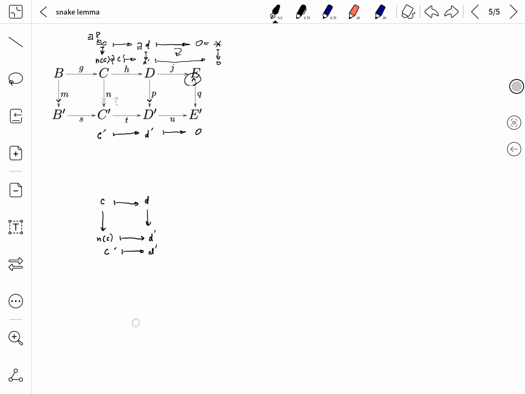So this tells us that NC minus C prime is in the kernel of T. And so in the image of S. And so there exists some B prime that is mapped to NC minus C prime.